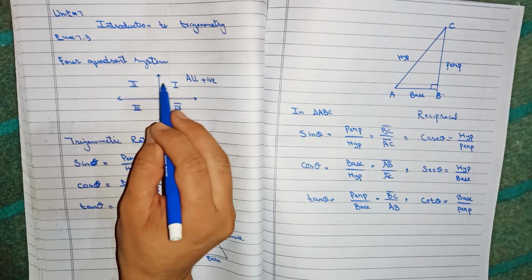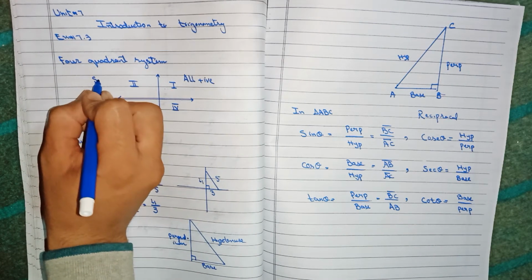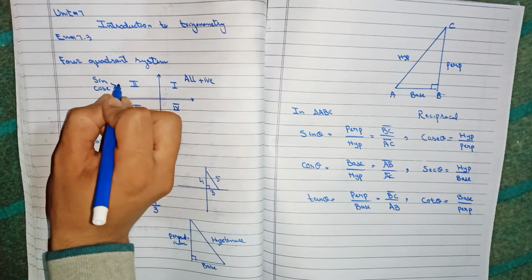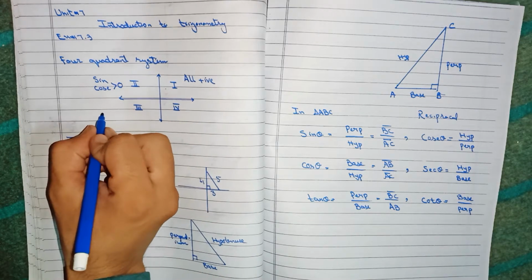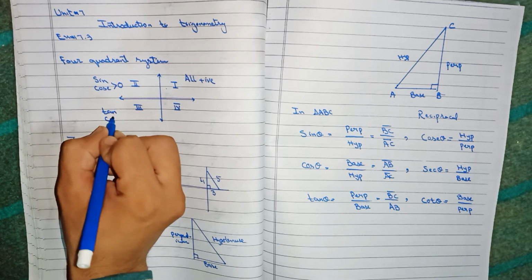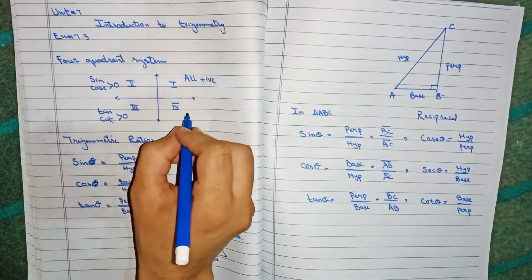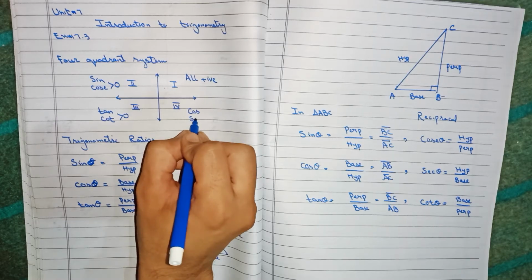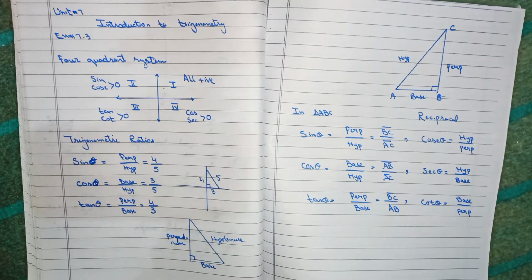There will be all positive. In the second quadrant, only sine and cosecant are positive while the rest of them are negative. In the third quadrant, only tangent and cotangent are positive while the others are negative. In the fourth, cos and secant are positive while all other quantities are negative.